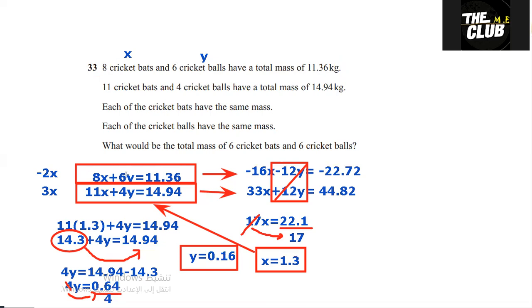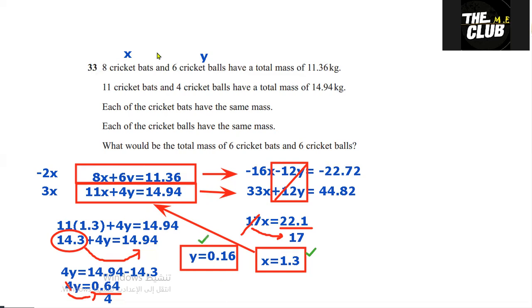So we multiplied this by -2 and this one by 3 to make them different. And then we eliminated this and we added the other elements. We got 17x equals 22.1. We divided by 17, we found x. After finding x, we substituted it in one of the equations, and then we found y.